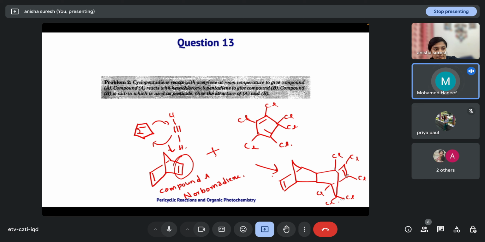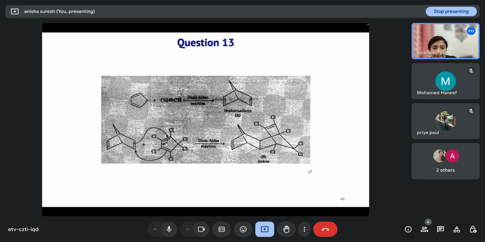What about the endo rule here, ma'am? Hmm, we need not consider the endo rule here. Secondary orbital interactions. Yes, ma'am. Exo rule, endo rule. This is exo, ma'am. Okay, it will come from the reverse direction, right? Let us check.